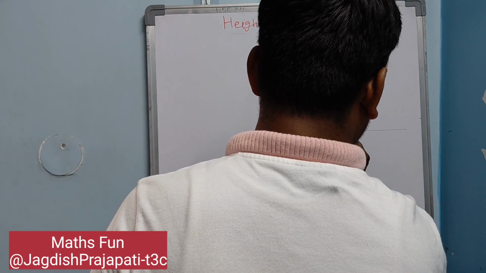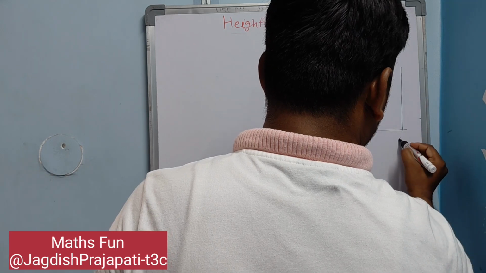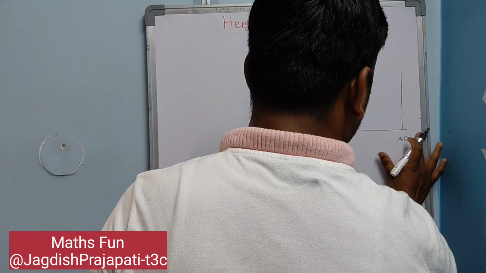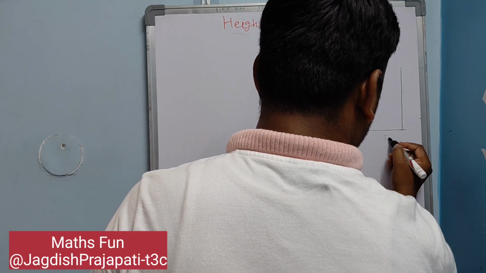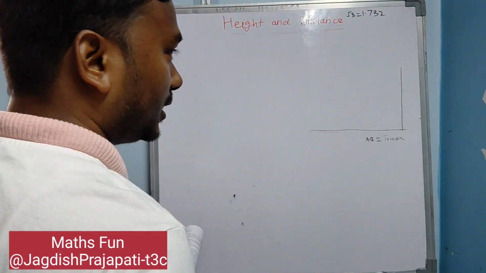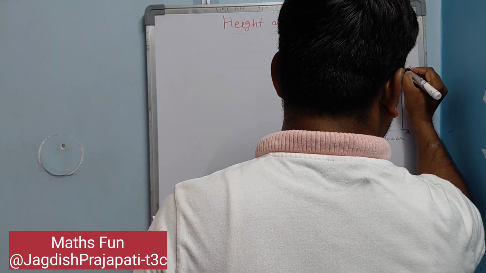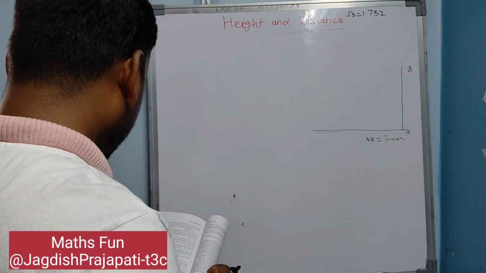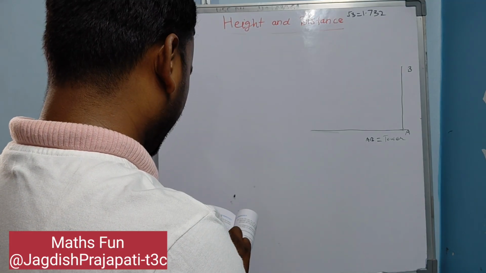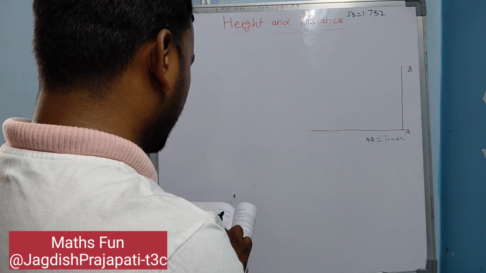AB is the tower, with A at the foot and B at the top, with a flagpole on the top.